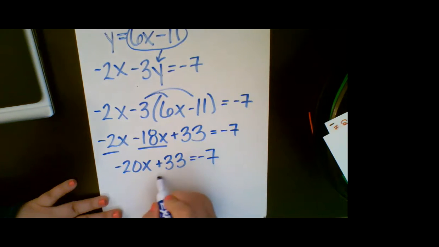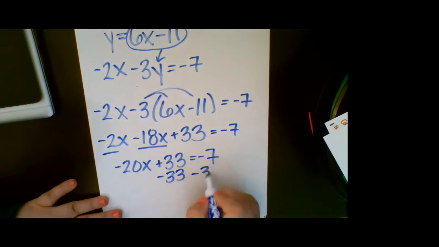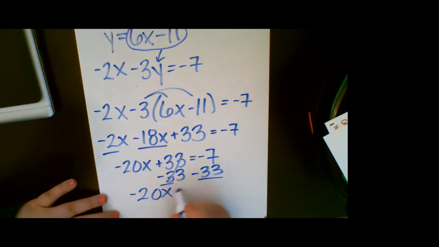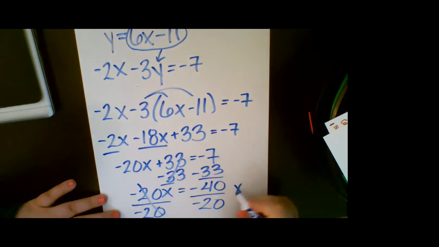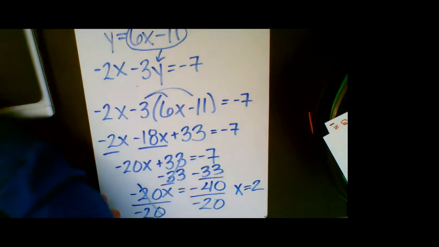Since it's a plus 33, we're going to minus it. Negative 40. And our last step is always divide. So those cancel. We got x equals 2.